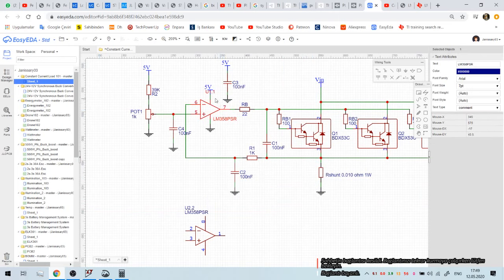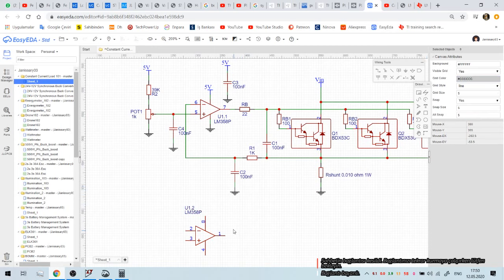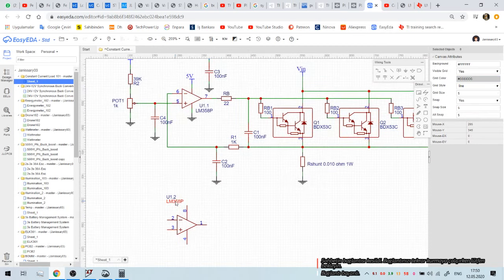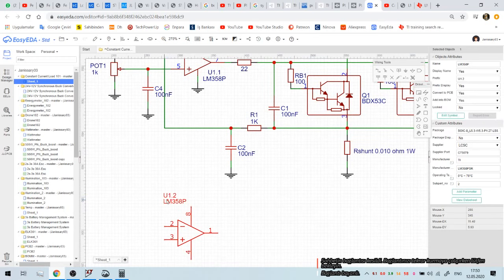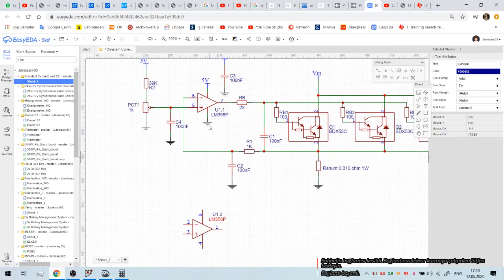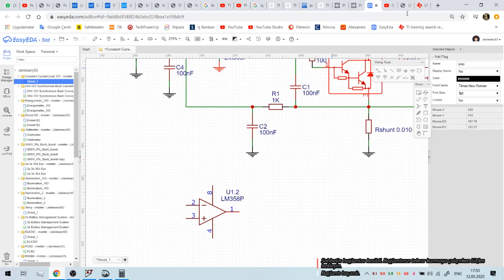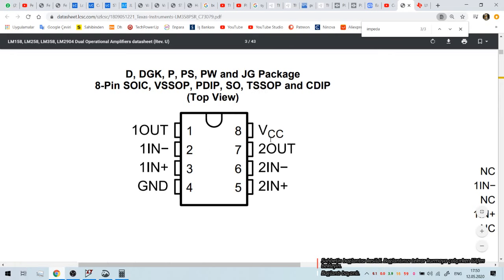Yes, it is also U1, not important, U1.1. This is also U1. Sub number part, no. 2, not important. Yes, it is done. And yes, we don't need to connect this terminal because they use common VCC and ground.